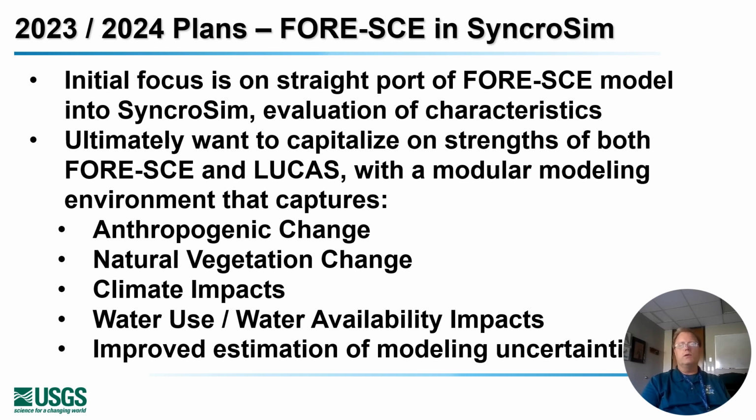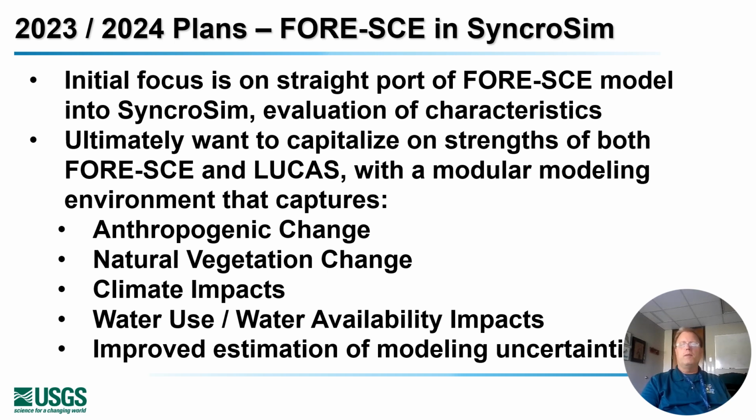It has fire modeling that we don't do. You put them all together, and these two models really have a lot to complement each other. And so what we're trying to do after we get the 4C capability within SyncroSim is to identify the strengths of each and develop modules that allow a land change modeler to capitalize on each one of those individual elements from the individual models into one coherent, harmonized modeling environment.